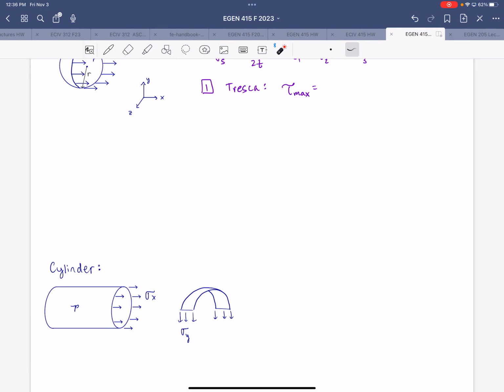So we'll say maximum shear stress is equal to sigma 1 minus sigma 3 over 2, and we'll set that equal to the yield stress over 2. But first we'll calculate it out. That's going to be the pressure times the radius divided by 4t.